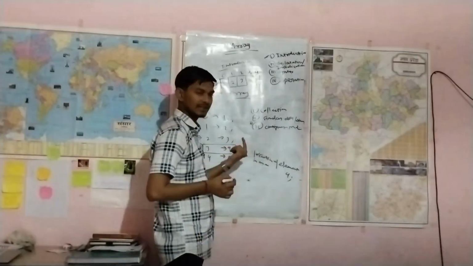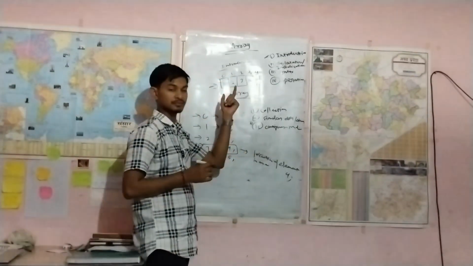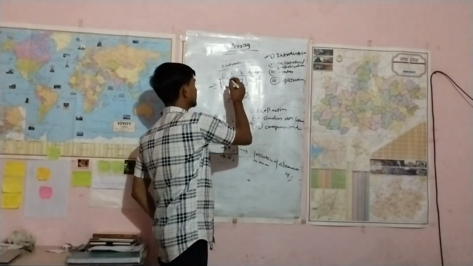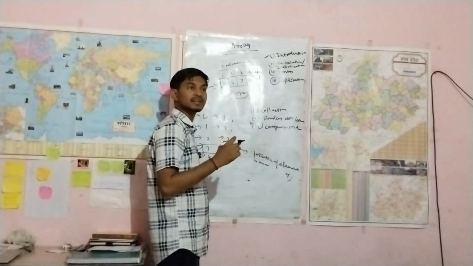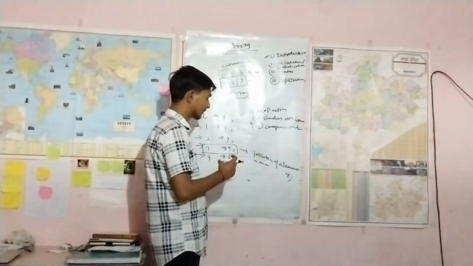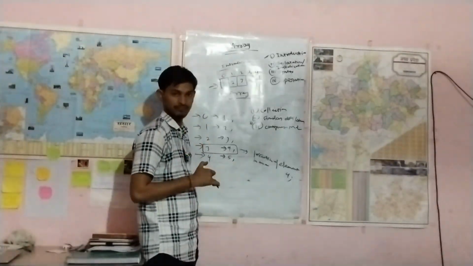Then the concept of indexing comes into the game. Why does indexing start from 0? Basically, we store the base address at index number 0, so that it helps us find the location of any element with the help of the index number.